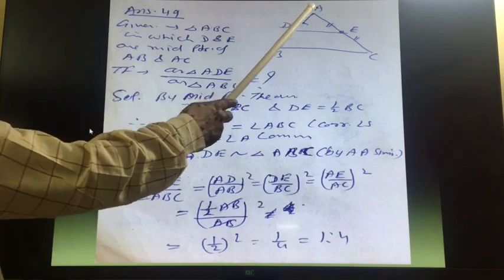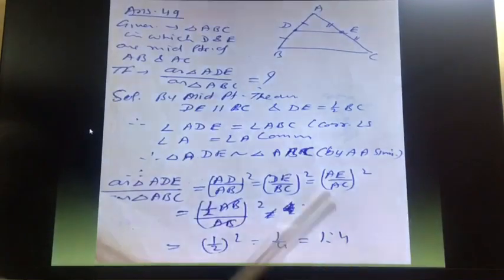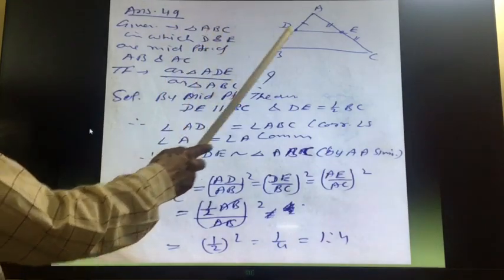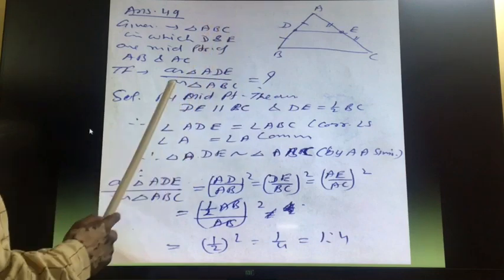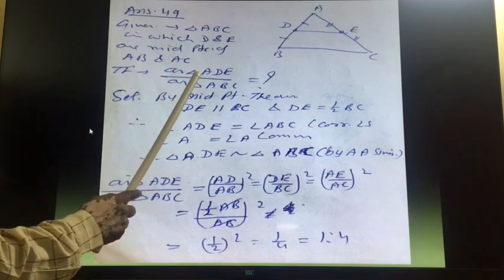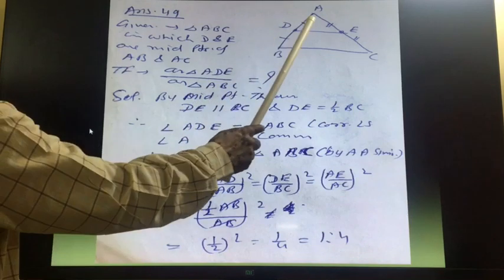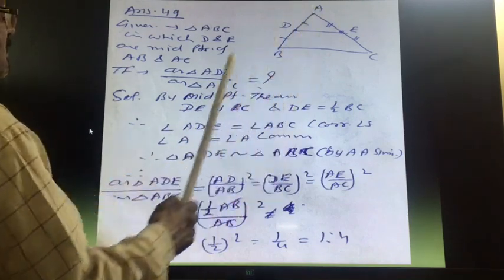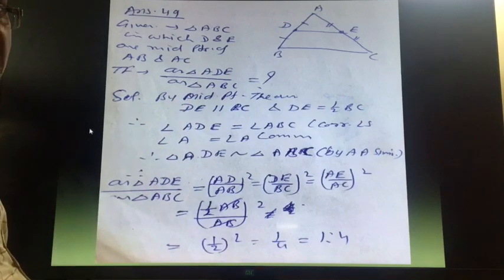So ABC is the triangle given. Here D and E are the midpoints. It is given. We have to find what will be the value of the ratio of areas, area of triangle ADE upon area of triangle ABC. This we want to find out. So to do this, the area theorem I have already taught you.